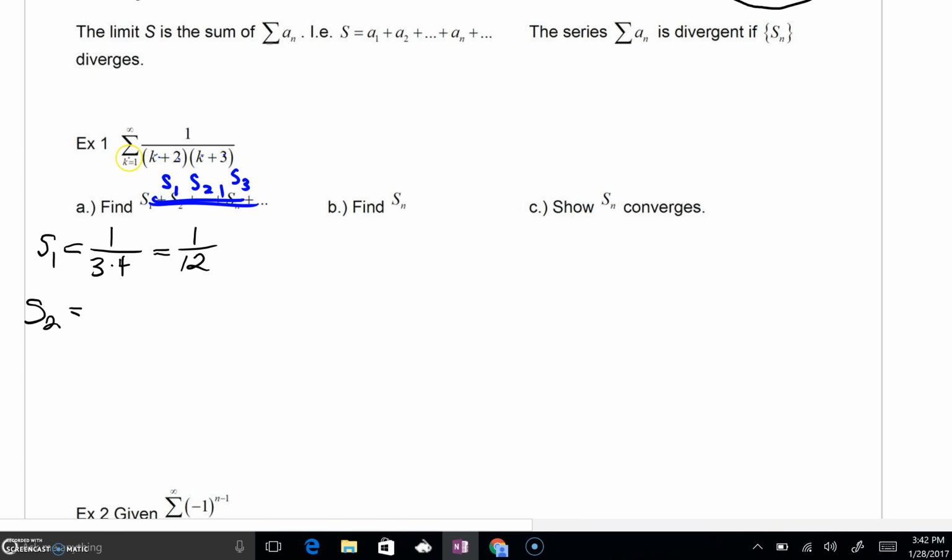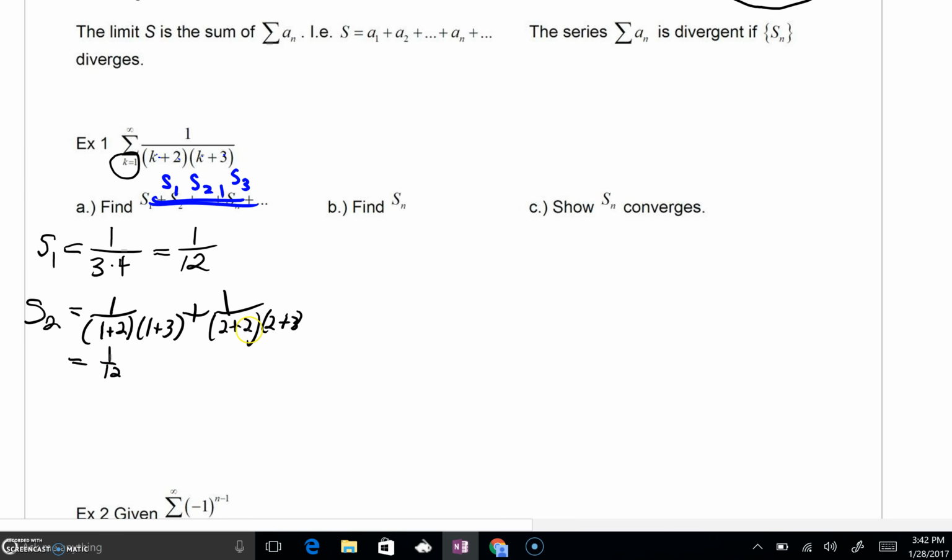Now, s sub 2 means start with k equals 1, so I can show step by step what that looks like. We already know the first term is 1 over 3 times 4, which is just 1/12. But s sub 2 says also add up that second term, so we'd have 2 plus 2 times 2 plus 3.